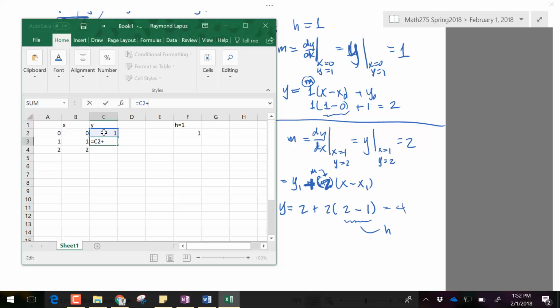The slope is just y, times the current x value minus the previous x value, which is always going to be h. And then if we copy that down, we're going to get the 4 that we found earlier.